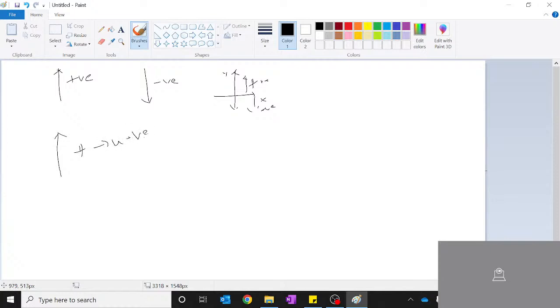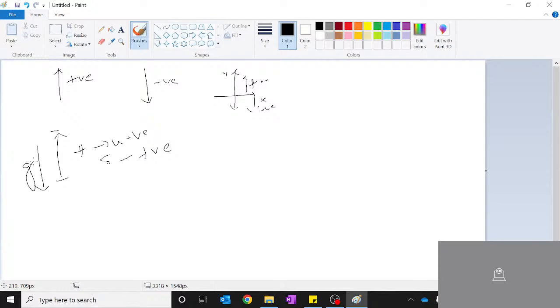Clear? And because I am throwing it up, there will be a displacement, therefore s also becomes positive. But think clearly and tell me, what happens to gravity? You all know gravity always acts down, correct? It always acts down.